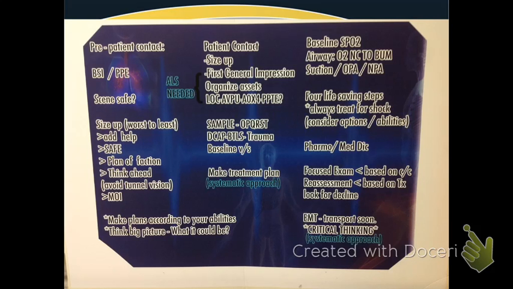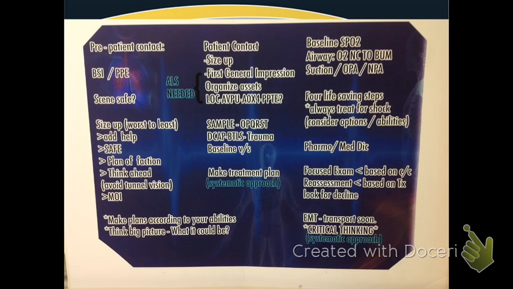So you do a pre-patient contact where you do your BSI, scene safe, you size up, always thinking sort of worst to least. Do you need additional help? Is it safe for me to be there? You develop a plan of action. You avoid tunnel vision.